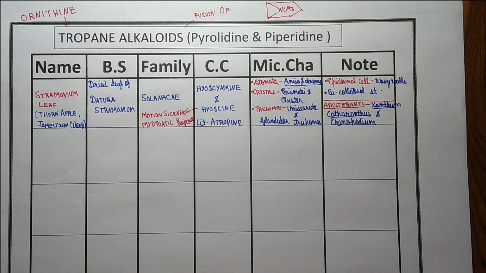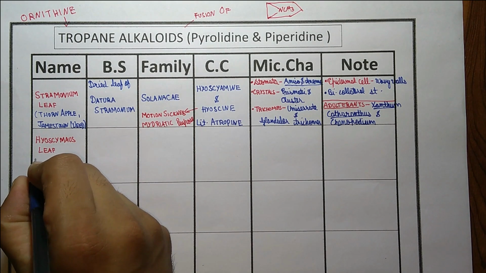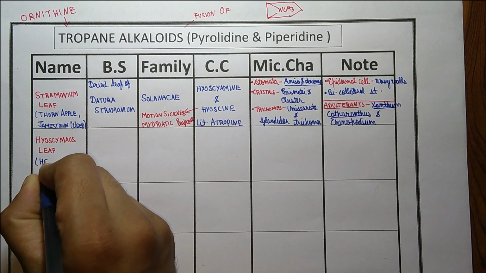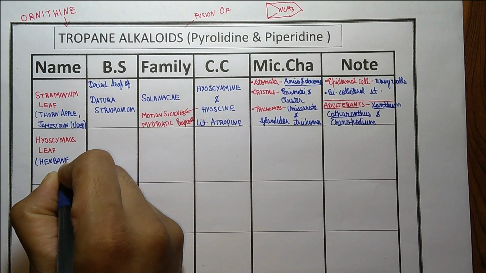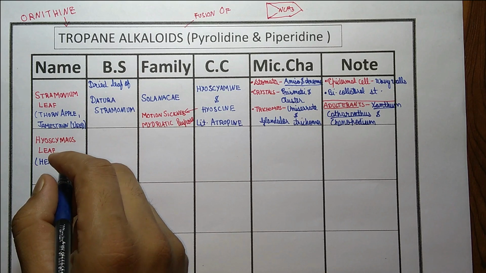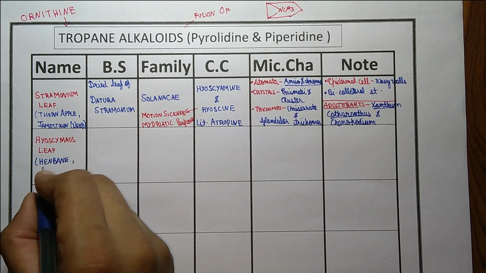Now coming to the next drug, Hyoscyamus leaf. Its synonyms are henbane and biennial herb.